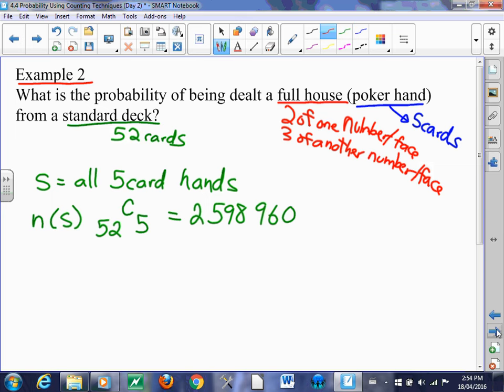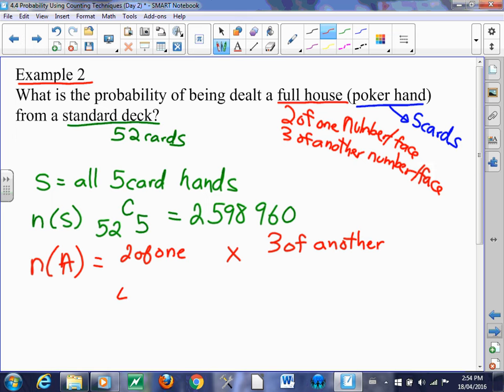Okay, now, what is the number in our outcome? So the event we're looking for is the full house. So what did I say? It was 2 of one, times 3 of another. So if I take 2 of one number, well, in a deck, how many 4s are there?